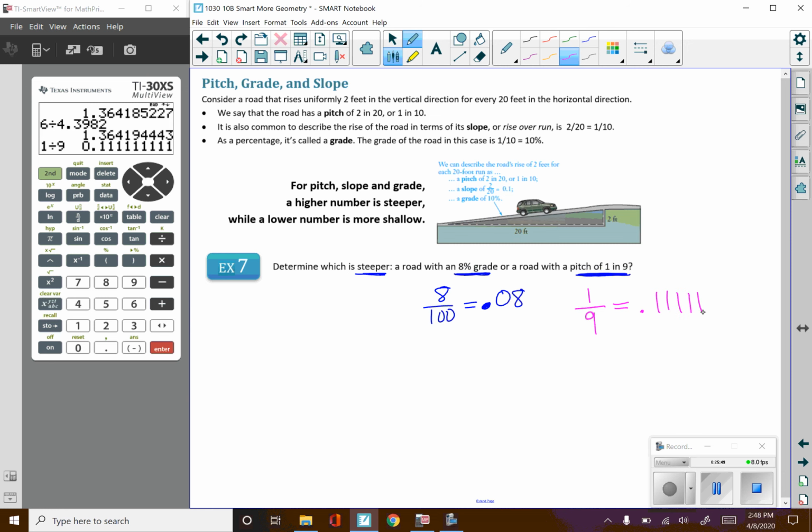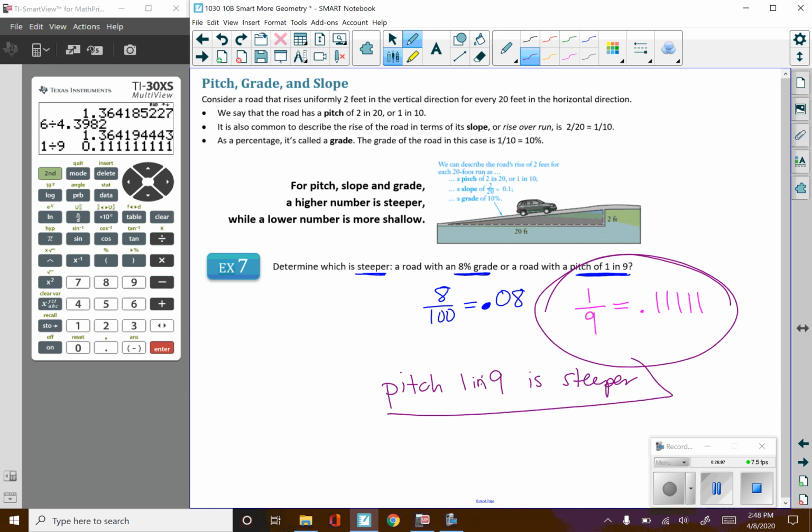If we want to know which of these is steeper, we're just looking for the bigger number, and the bigger number is this one. So the steeper is the pitch of 1 in 9. I guess they usually use the word in. Okay, so that's another mini topic.